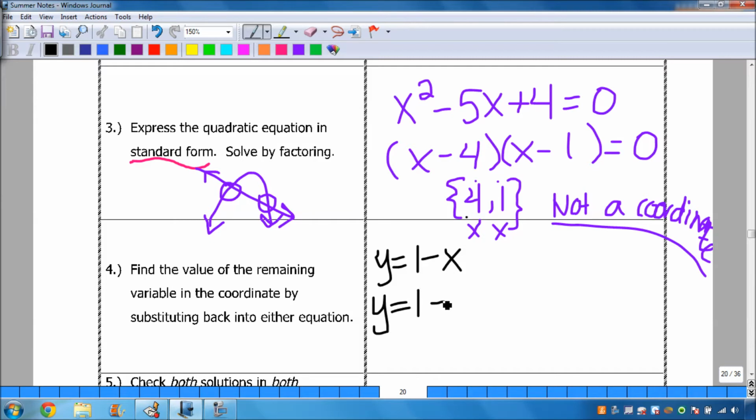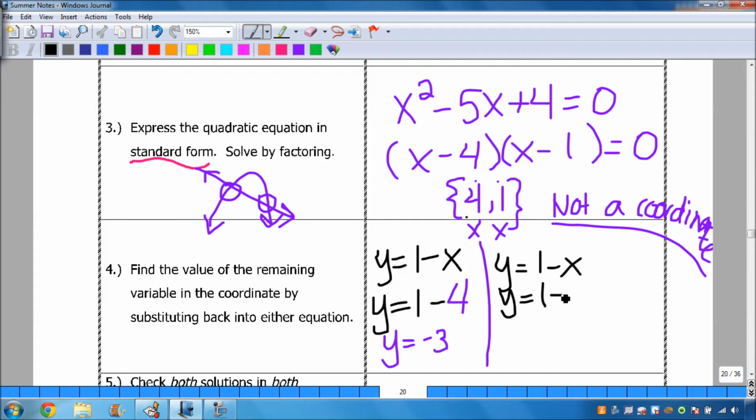So I get y equals 1 minus 4, which gives me that y is negative 3. Okay? And then I'm going to do the same thing for the second answer, which was 1. So y equals 1 minus 1. So then I end up getting y equals 0.